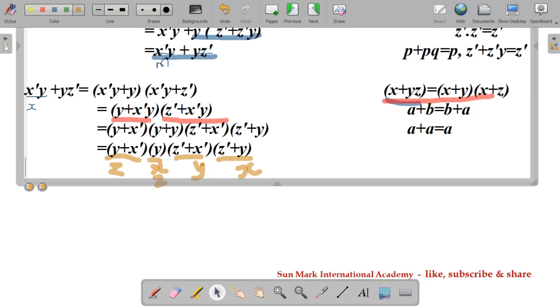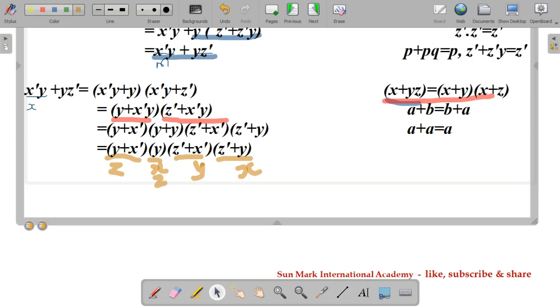So we add these missing terms to the expression. How to do it? In the same order, x' + y + 0. Which one is missing? Z is missing, and that value is 0. Consider this as 0. Then the next one, y: x is missing, so 0 + 0 + y + 0.